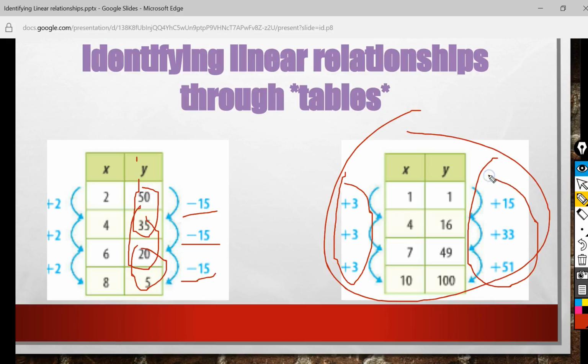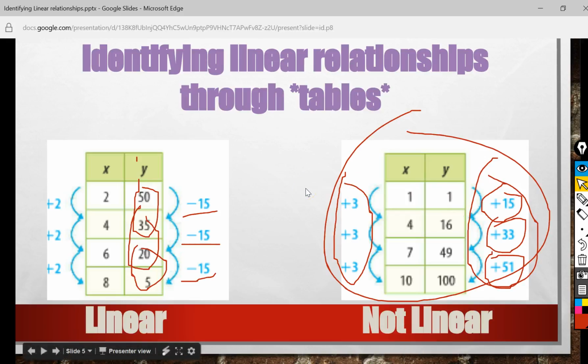We see that they're not changing by a constant amount. Plus 15, plus 33, plus 51. Those are not constant in our y's. So we would say that is not linear, a non-linear relationship. Linear, not linear.